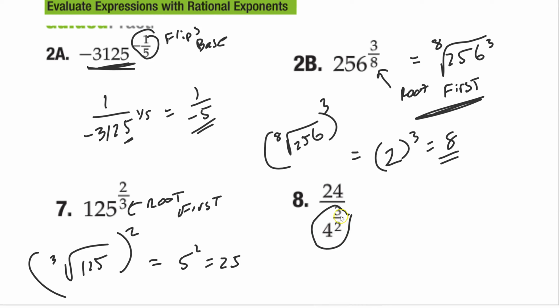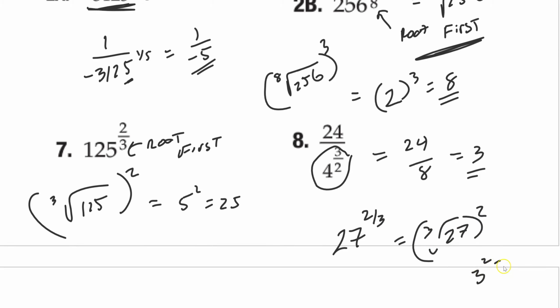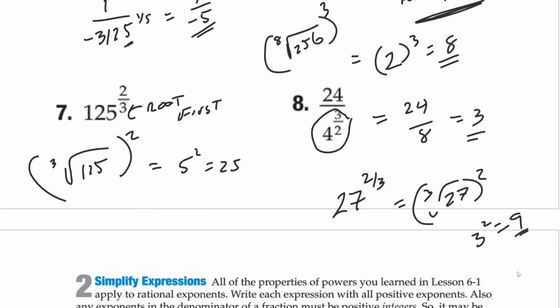Square root of 4 is 2. 2 cubed is 8. So it's 8 over 1, which is 8. So that's how you do those problems. You always do the root first. If I gave you something like 27 to the 2/3, you'd say, okay, cube root of 27. We're going to square that answer. Cube root of 27 is 3. 3 squared is 9. So that's how you do those.